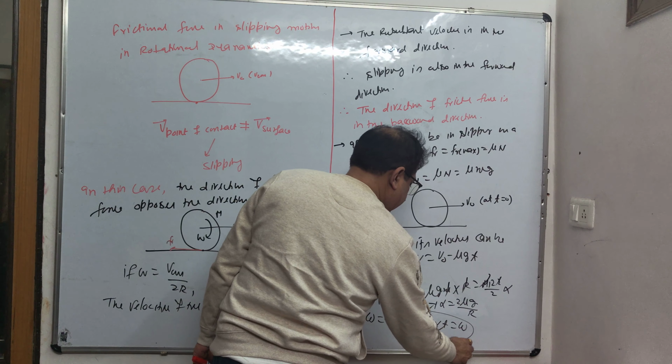And the object finally will be in pure rolling motion after some time. It will never stop, right? So initially it is slipping. After some time the object will come into pure rolling motion.